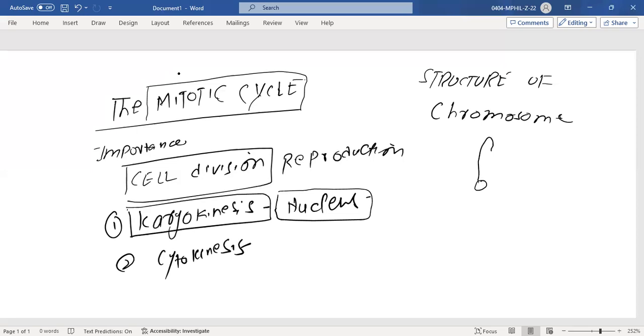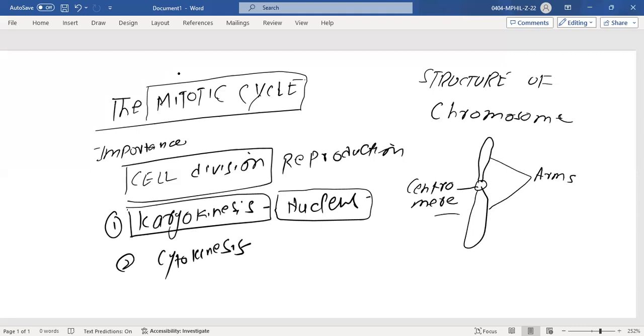The common shape or structure that we always observe is a body that contains two arms and one central point that is called the centromere, right?